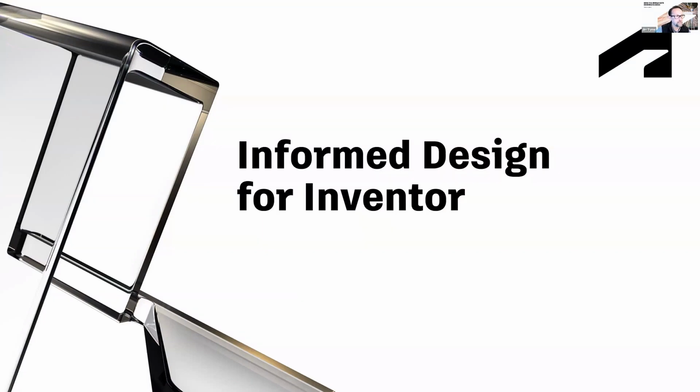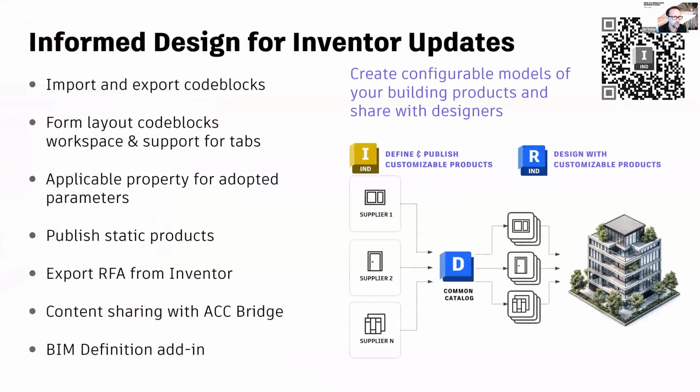And so that also leads us into Informed Design for Inventor. For those of you that are new to Informed Design for Inventor, this is a free add-in for the software. The goal of the add-in is to connect your design and manufacturing with building design and construction. The goal, again, is to streamline the collaboration between mechanical and architectural teams.